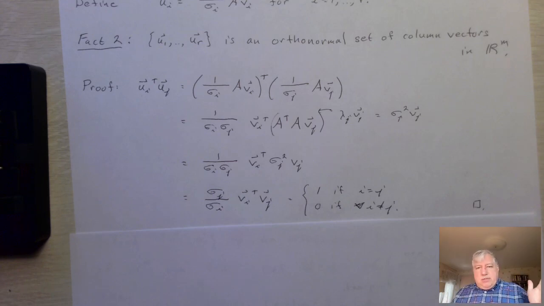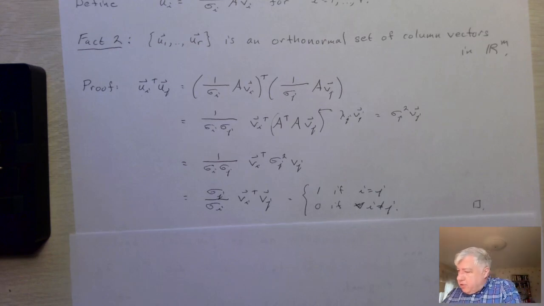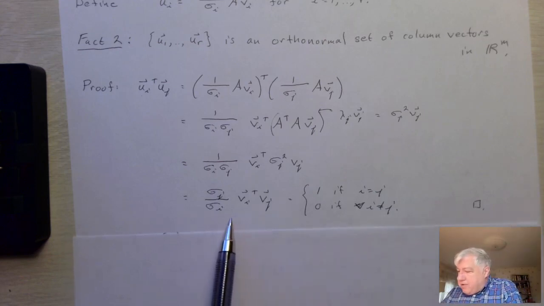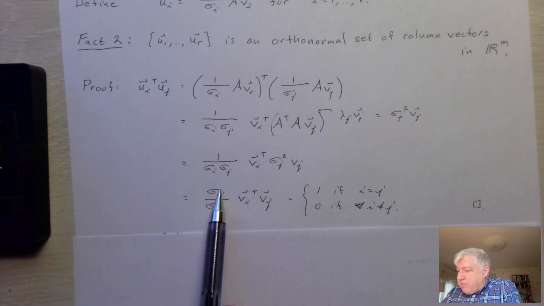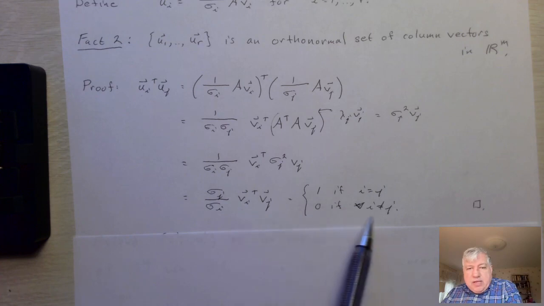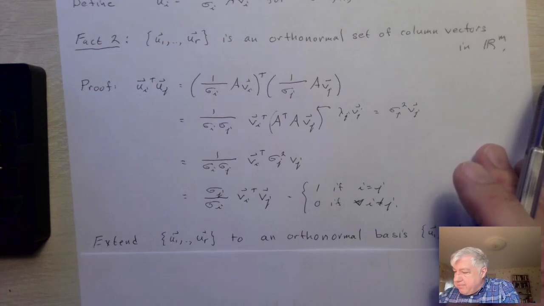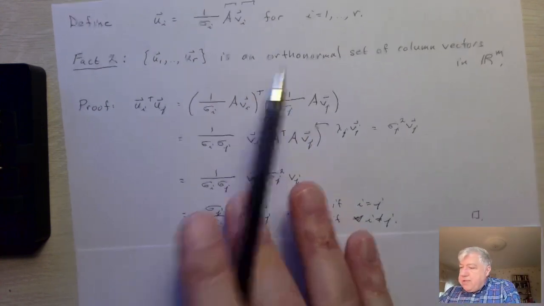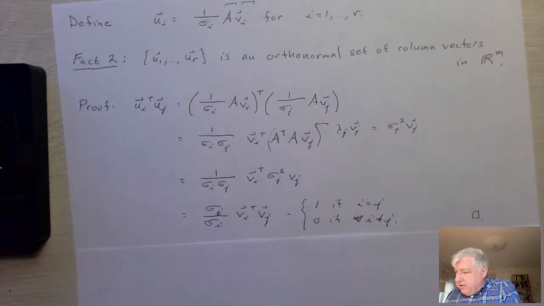We know that because the big matrix V is orthogonal. So if I equals j, of course, this just becomes 1, and this is 1, so we get 1, and if I is not j, then this is 0, so we get 0 here. So that shows that this is, in fact, an orthonormal set of vectors.